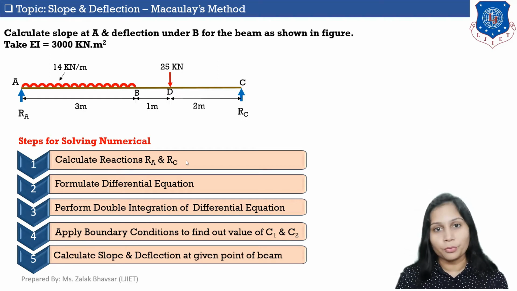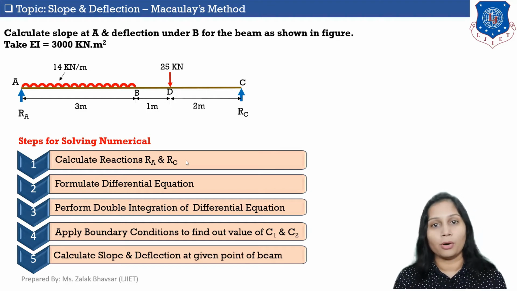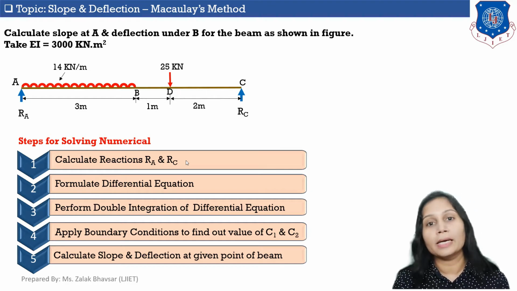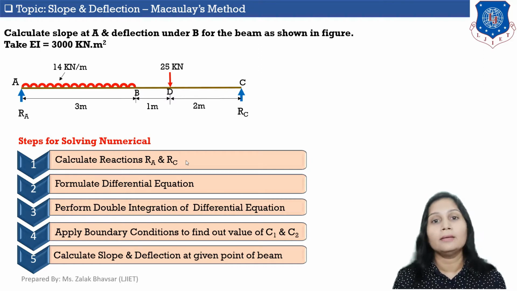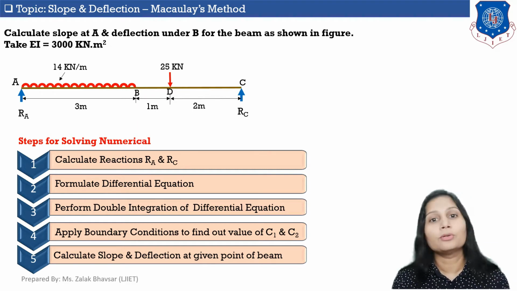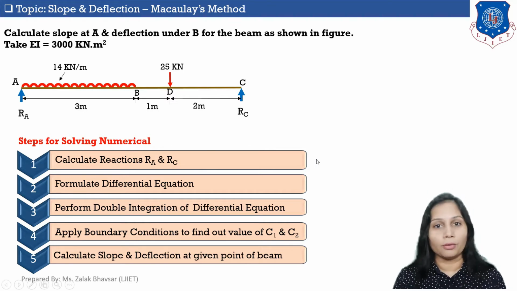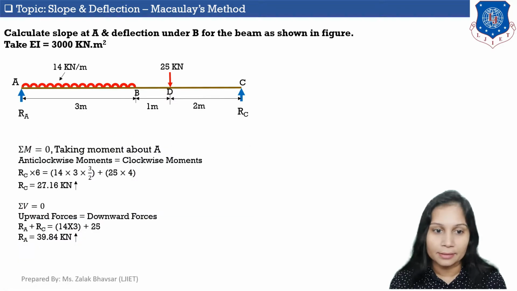In step number 4 we will apply boundary conditions to calculate value of C1 and C2 which are integration constants, and in last step, which is step number 5, we will calculate slope and deflection of a beam at given point. So now let's start with the first step, which is calculation of reactions RA and RC.